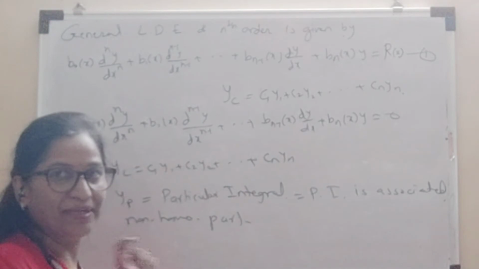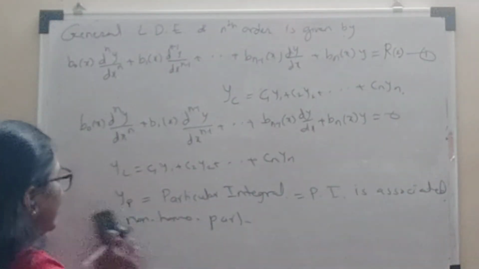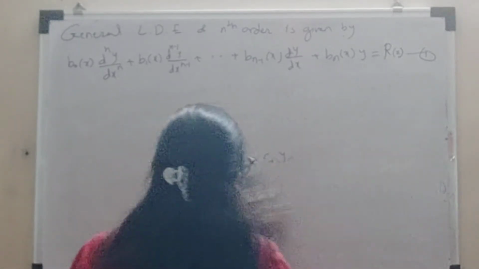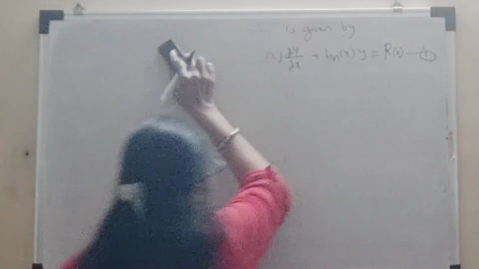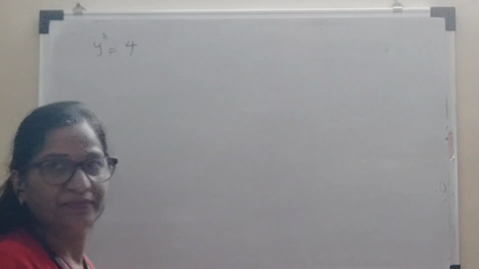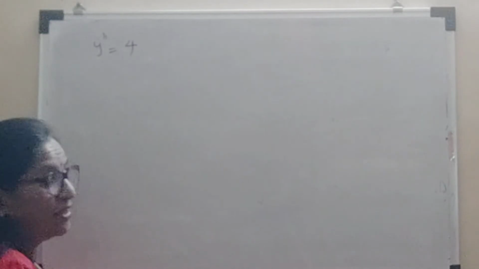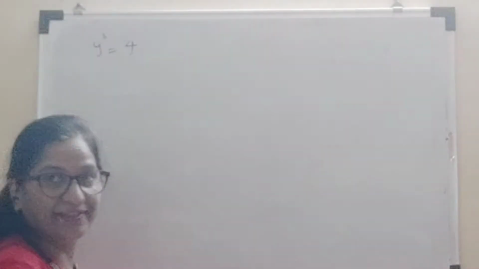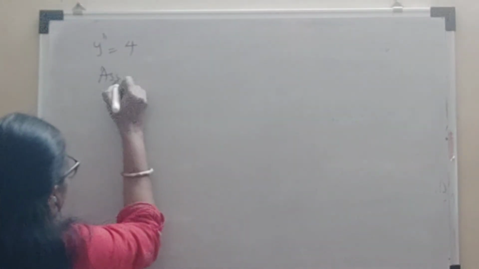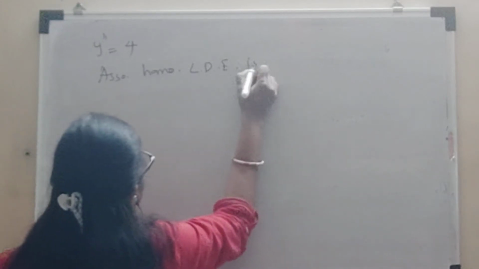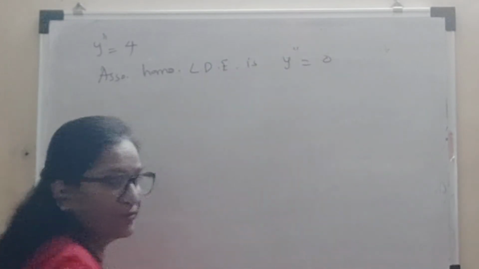Okay, we'll take an example so that it will get clear. We take again the same example. So take a non-homogeneous linear differential equation, y double dash is equal to say 4. Now the second order derivative is equal to 4. Now its associated homogeneous linear differential equation is y double prime is equal to 0.